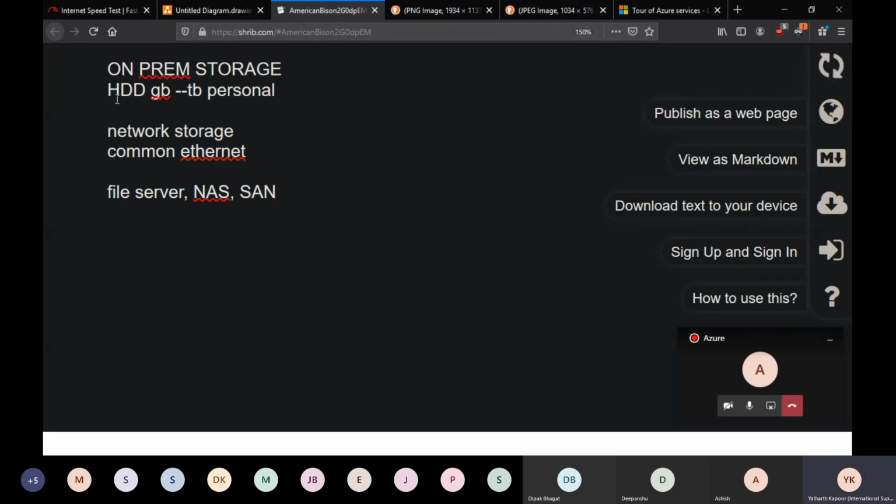So you have these options for on-prem storage. For personal access, you have HDD, flash drives, and stuff like that. For network access, for common access, you have these three: file server, NAS, and SAN. Can anybody tell me what a file server is? And by the way, some of you may also have heard of this thing called... Okay. Anybody wants to try, what's a file server?